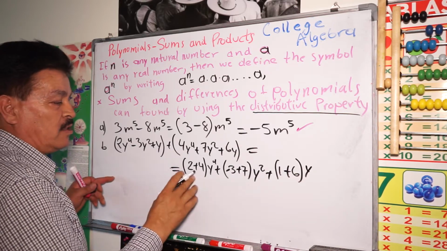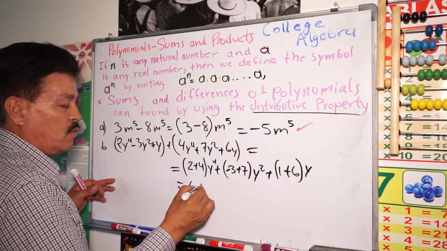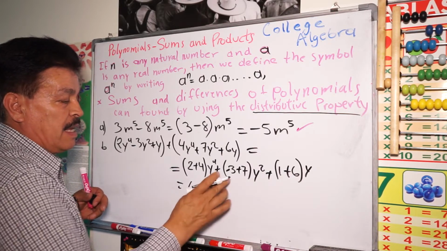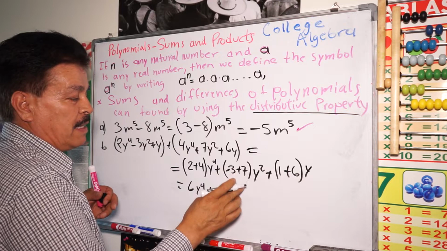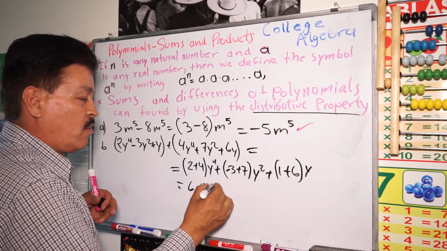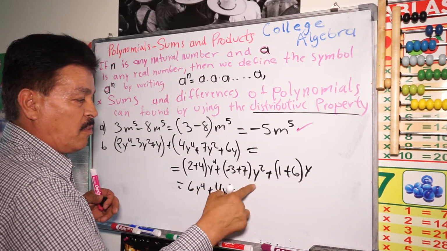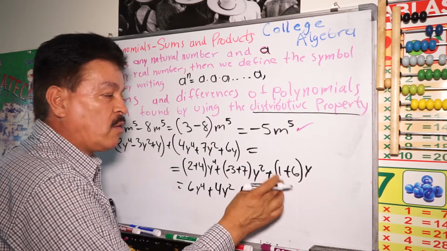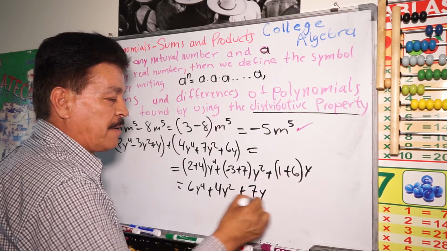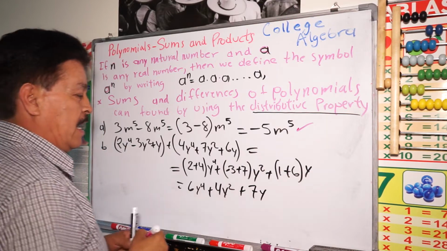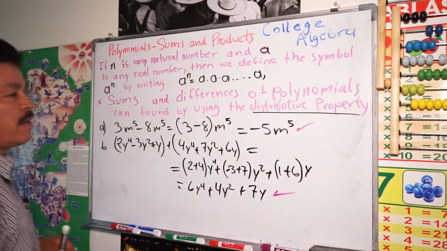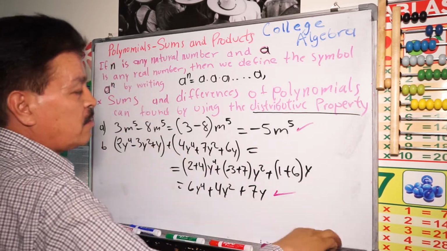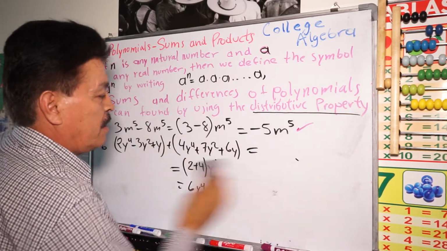You simplify 2 plus 4 is 6y to the 4th power, and then plus negative 3 plus positive 7 is 4y to the second power, plus 1 plus 6 is 7y. This is the answer. Okay, ready? This is regarding the sums or the addition.